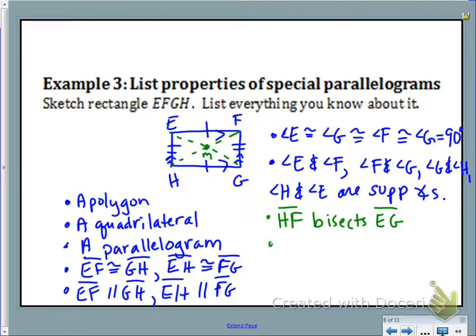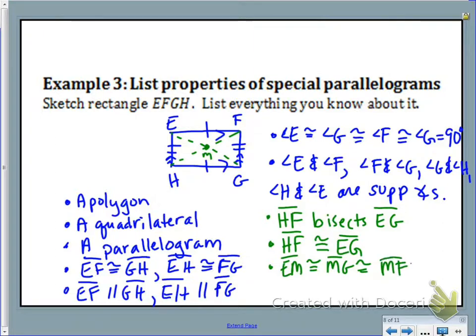But we also know that in this case, since it's a rectangle, not just any old parallelogram, those diagonals are going to be congruent. Therefore, since the diagonals are congruent and they're bisected, we can say that EM is congruent to MG, is congruent to MF, and is congruent to HM.